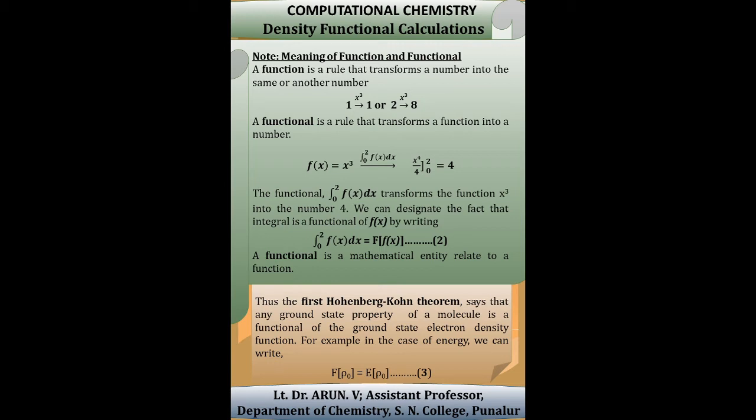Thus, the first Hohenberg-Kohn theorem says that any ground state property of a molecule is a functional of the ground state electron density function.